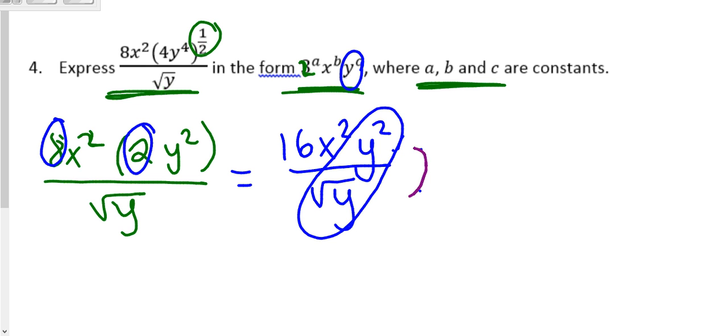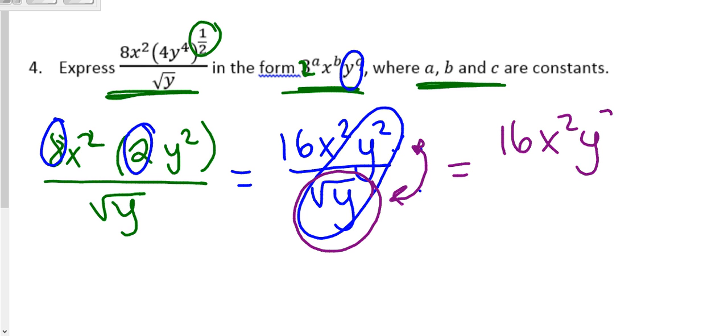Don't want to mess up. To combine these two y's, what we need to do is rewrite the square root of y with a power. We can rewrite that with an exponent that is a fraction. So we have 16 x squared, y squared on top. To rewrite the square root of y, we can rewrite that as y to the 1/2.